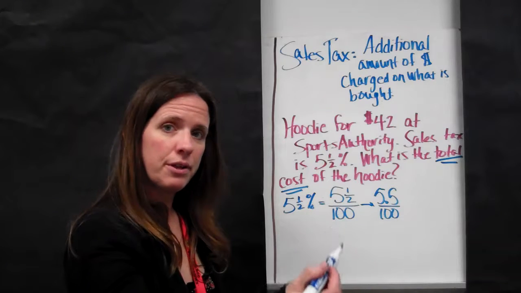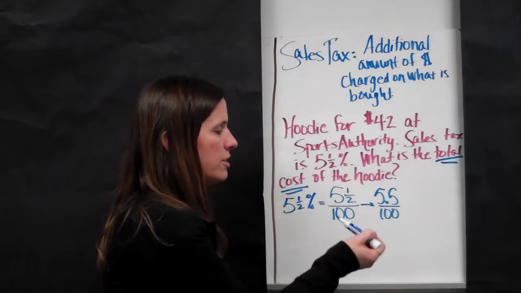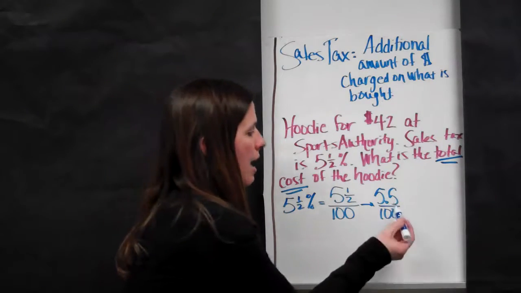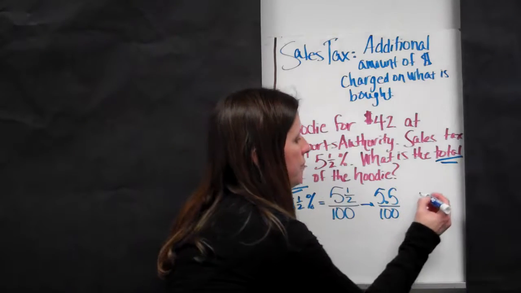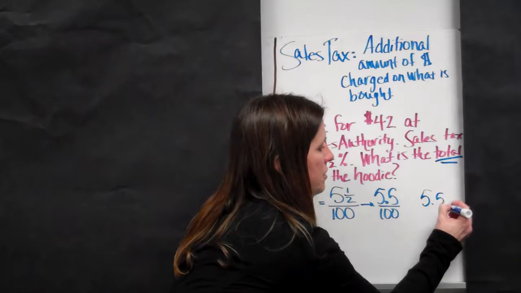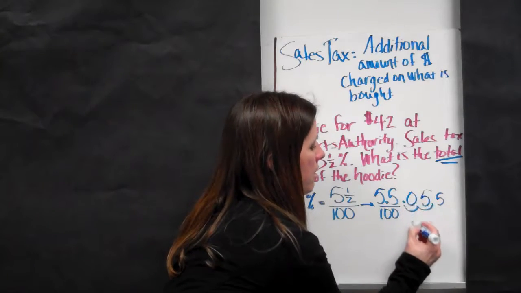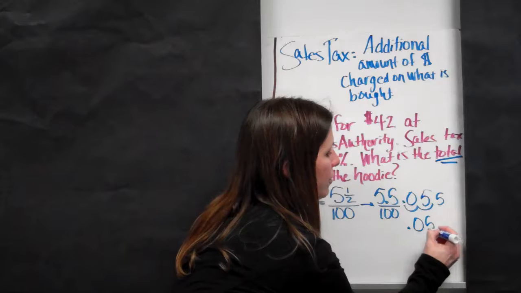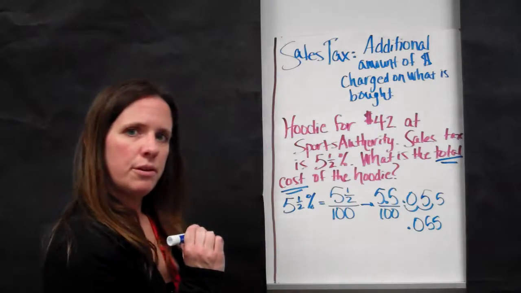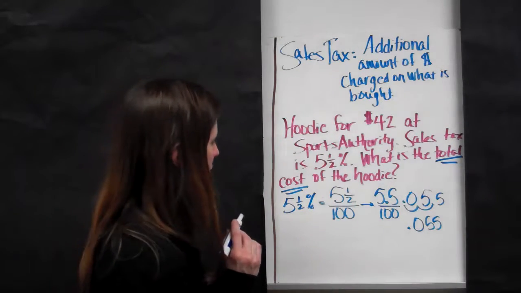This way we're going to go the other way. We're going from percent to decimal, so we're going to go backwards and move the decimal point 2 to the left. So on 5 5/10%, 1, 2, put a 0 in there, and you're looking at 55 thousandths, or 0.055.